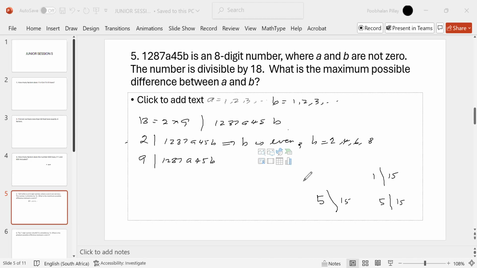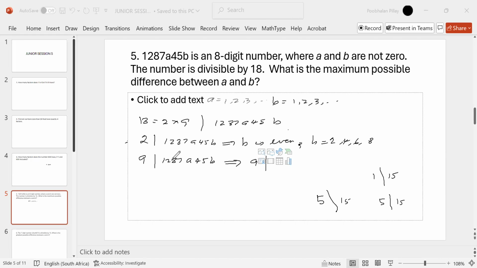Now, we know a rule for divisibility by 9. This sign which I'm using here means implies. It's a way of saying that if this is true, then this is true. Instead of separating by commas, you can put the sign here. It's a very useful sign. So if 9 is a factor of any number, it means that 9 is a factor of the sum of the digits.